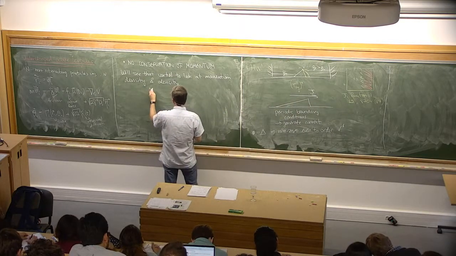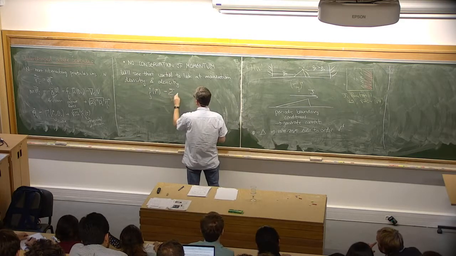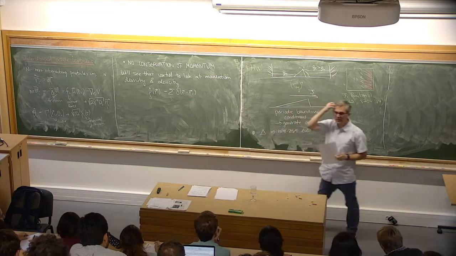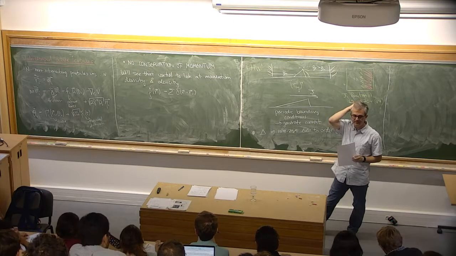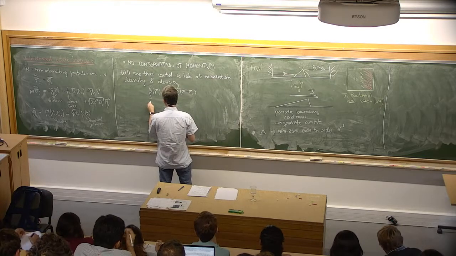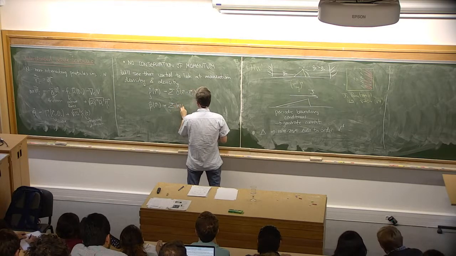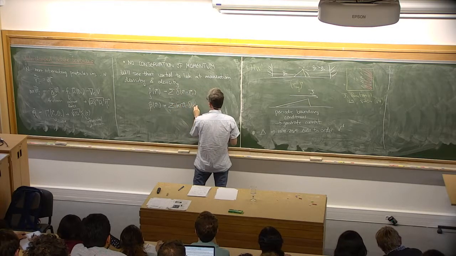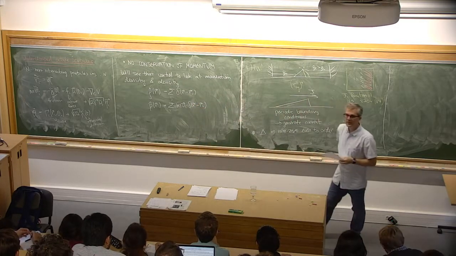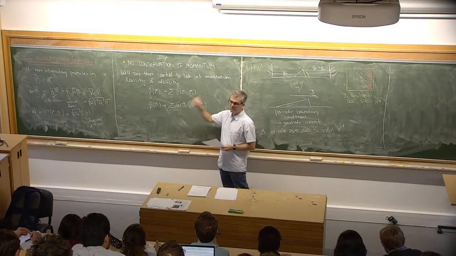I'm going to look at the density field, which is defined by rho hat of r equals the sum over i of delta of r minus r_i. This is right now a fluctuating field. The other quantity is the momentum density, which is the same thing with m v_i. So this is the density of momentum at a given point.